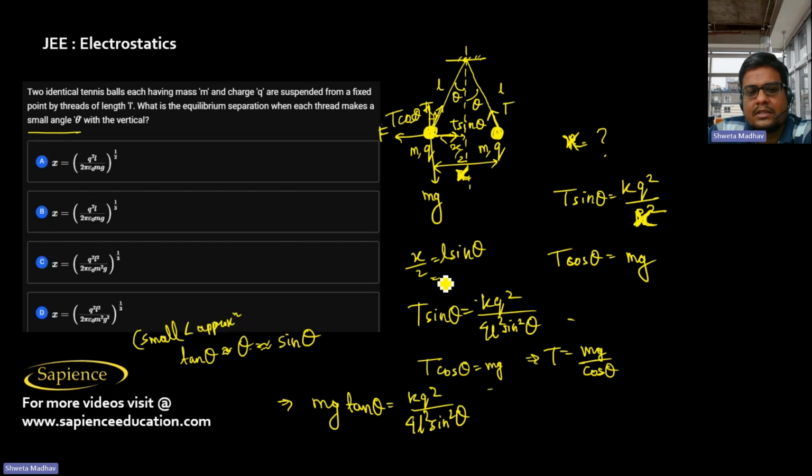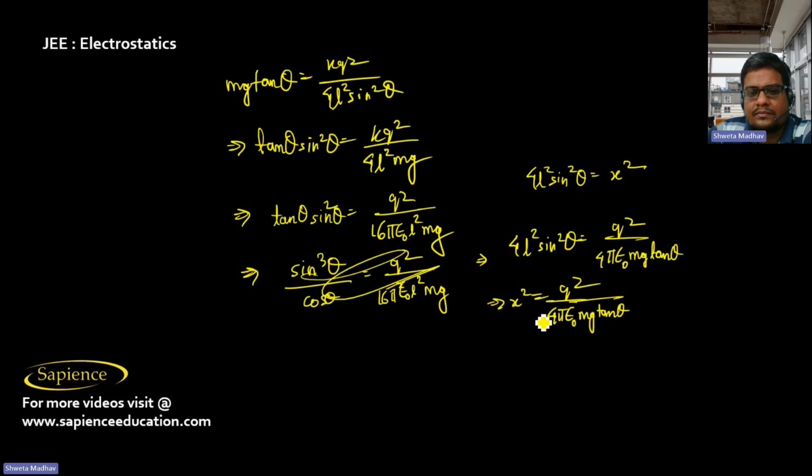So now sine theta is x by 2L, so it means that theta also will be x by 2L. So theta is also approximately x by 2L, which is also approximately the same as tan theta. So it means that 2 2s are 4. So this will be x cube.